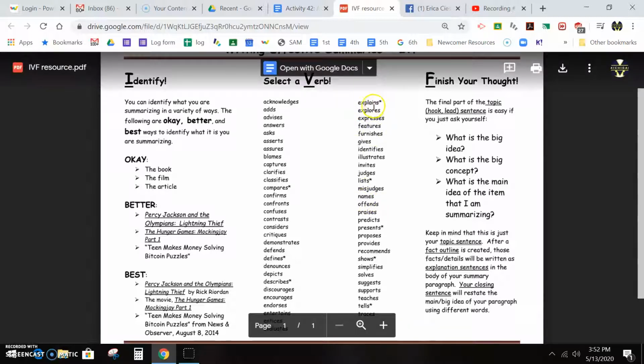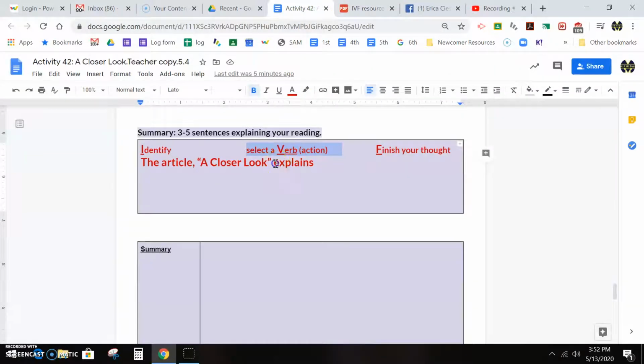So for this, I would say you could use the word explains because it's telling us about something. So in my summary, I use the action word, I use the verb explains. So now this is part of my topic sentence. The article, A Closer Look, explains.